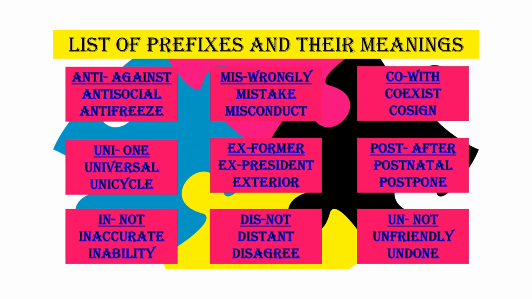Let's now look at some prefixes, their meanings, and some of the words. Anti. And anti means against. Antisocial. Antifreeze. Miss. And miss means wrongly. Mistake. Misconduct. Co. And co means with.